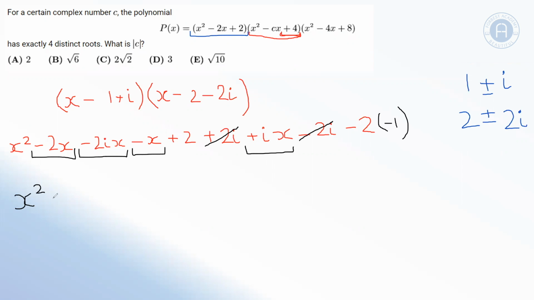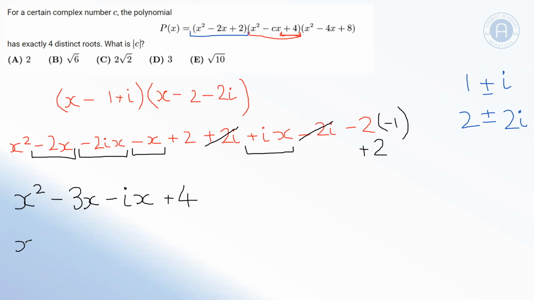So that's going to give me negative 3x, negative ix. For our constant terms, we have plus 2, and then negative 2 times negative 1, which gives me another plus 2, which gives me plus 4. So we can see we have a matching constant term to our quadratic here.